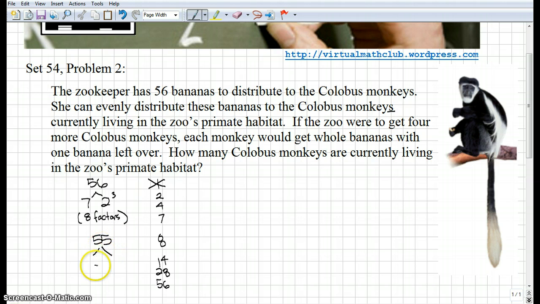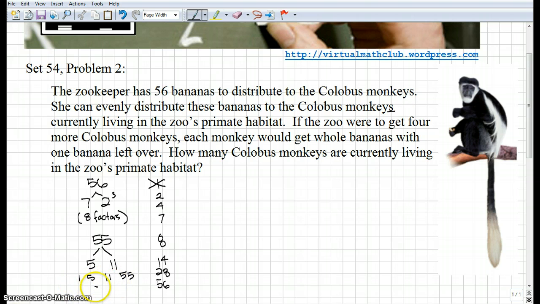The factors of 55 are pretty easy. 5 and 11 are the prime factors. The factors of 55 are actually 1, 5, 11, and 55. The only prime ones are 5 and 11, because obviously 55 is a composite number, and 1 is not prime by definition.